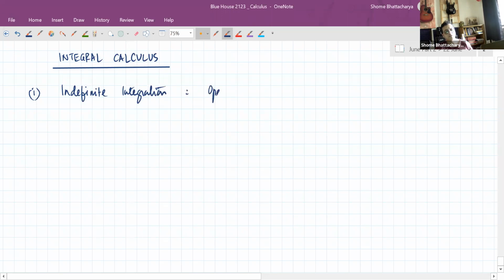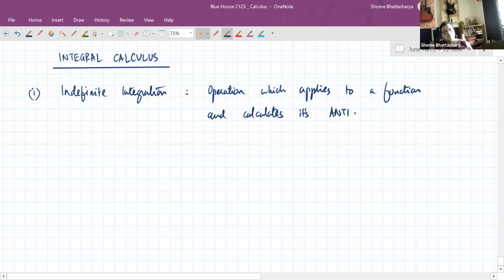So this is an operation which applies to a function again and calculates its antiderivative.